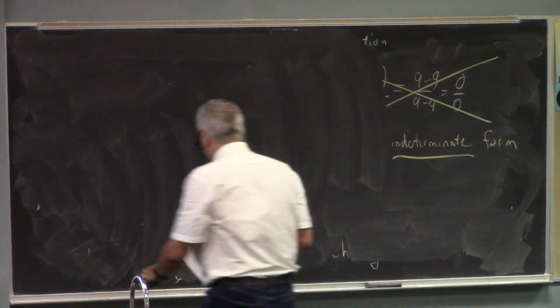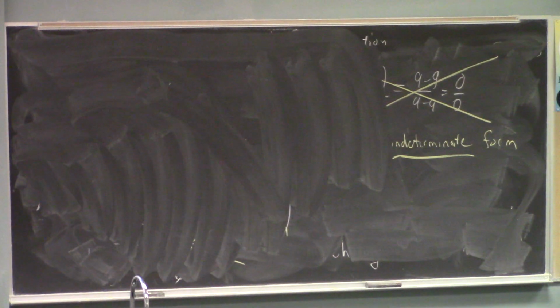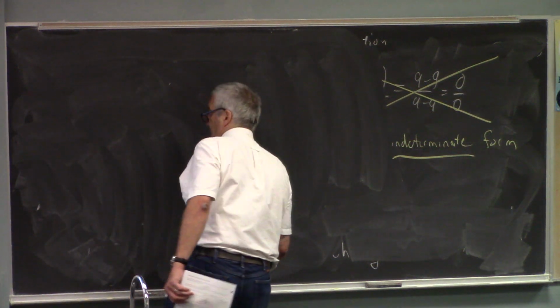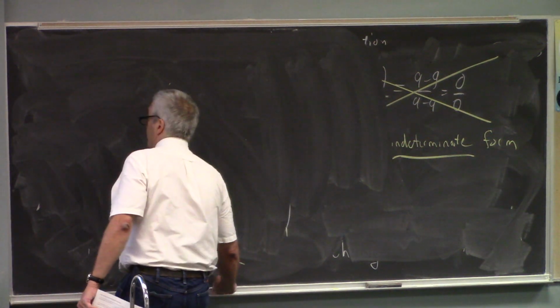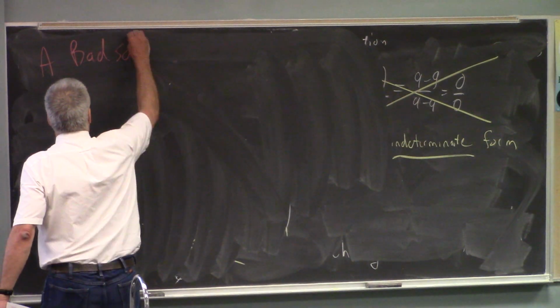So, for instance, here's an example of a bad solution. I'll get my special red chalk. I'm going to put this in red, a bad solution.